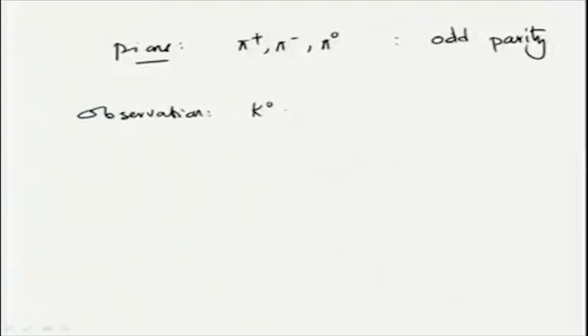Observation of K0 decay. It was observed that it could decay into 2 pions, pi zeros or pi plus pi minus.